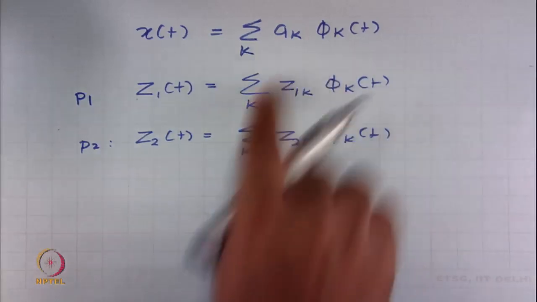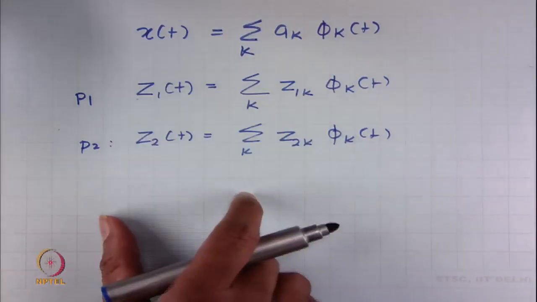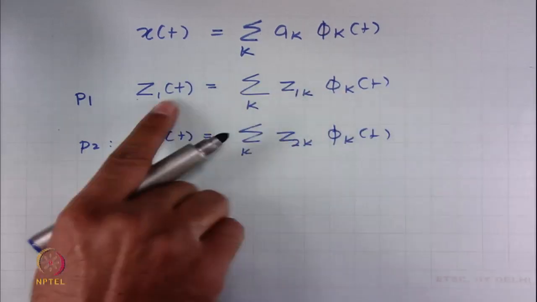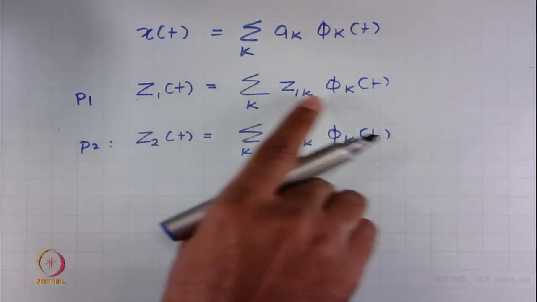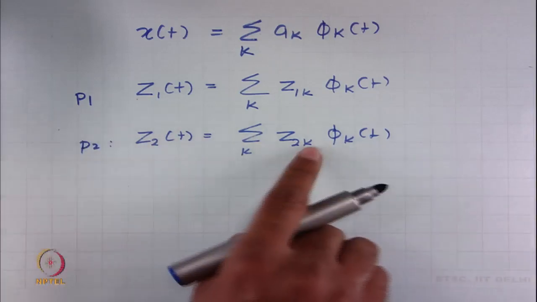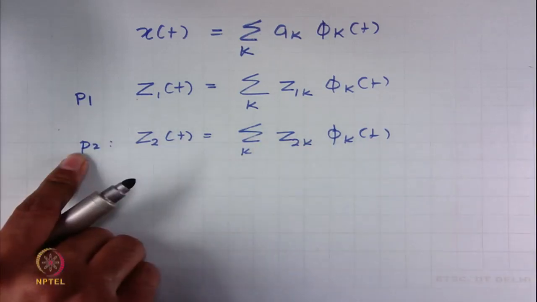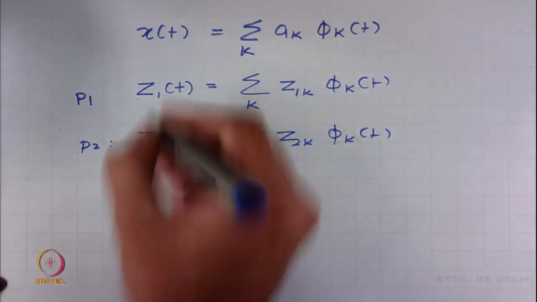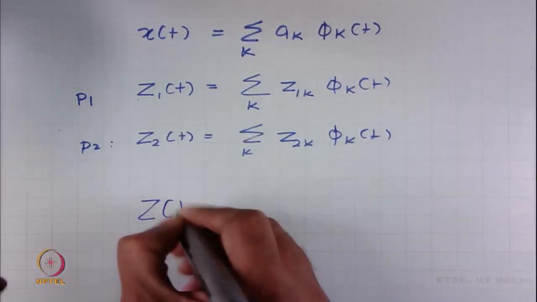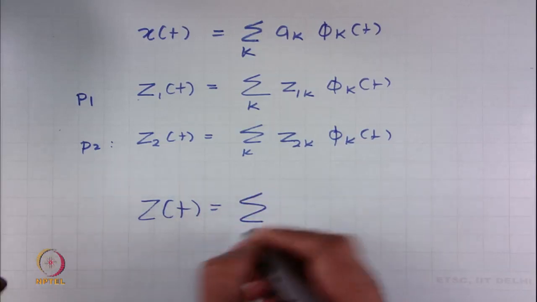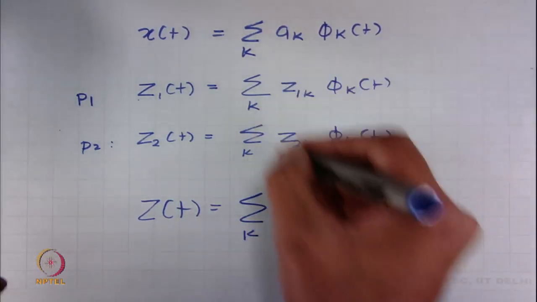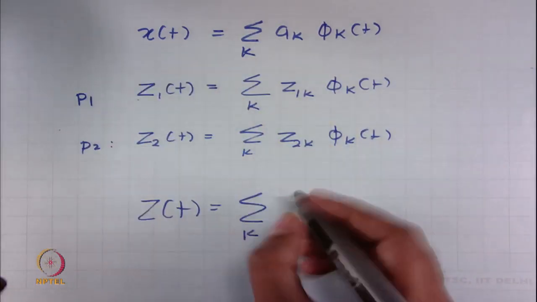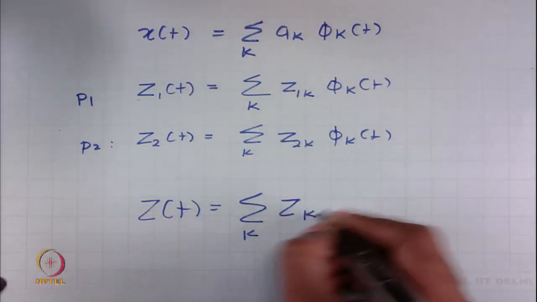When you think about this together, the coefficient z1k for the sample function z1(t) would happen with a certain probability, z2k will happen with a certain probability. So, you can construct a random process out of this by replacing all these coefficients and their probabilities with a random variable.